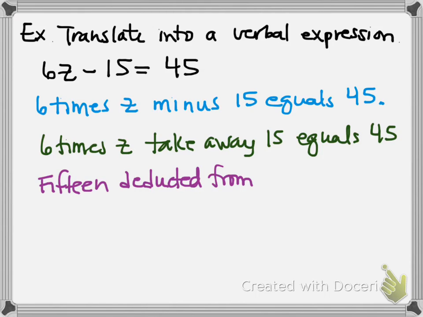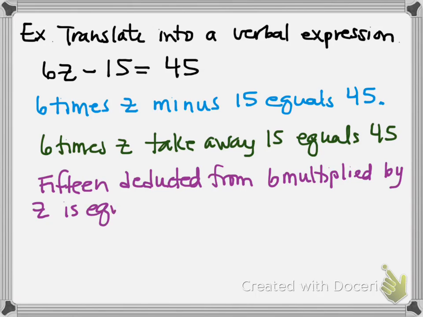What did you say for the 6 and the z? 15 deducted from 6 times, or multiplied by z is 45. So we can say equals, or is equal to. I'll write it out all the way.